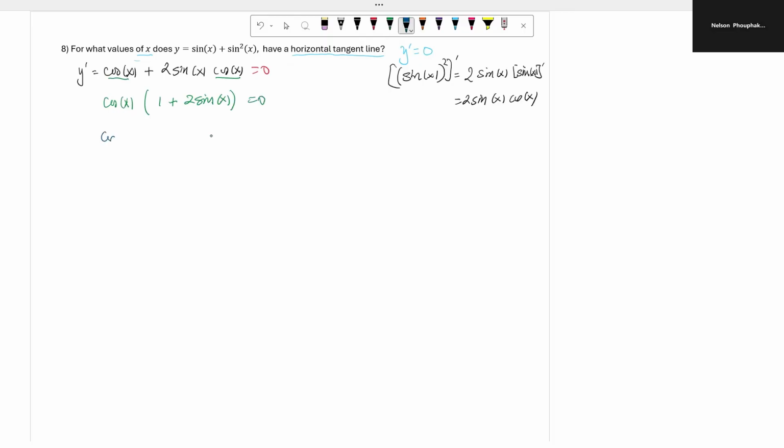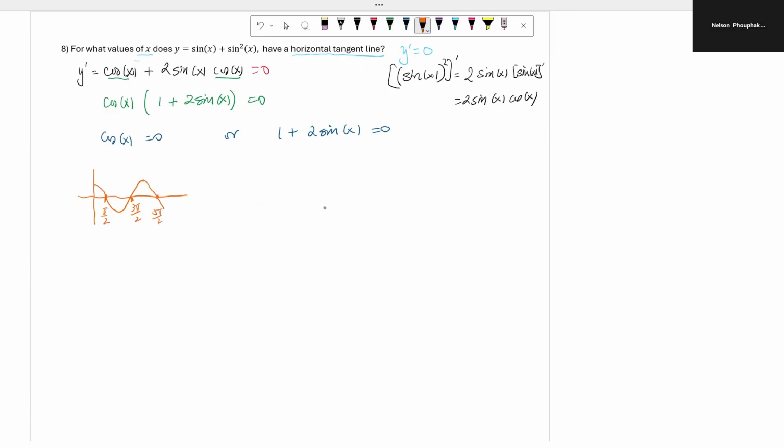So cos x equals 0 or 1 plus 2 sin x equals 0. For cos x equal to 0, we have pi over 2, 3 pi over 2, and then 5 pi over 2, and so on.